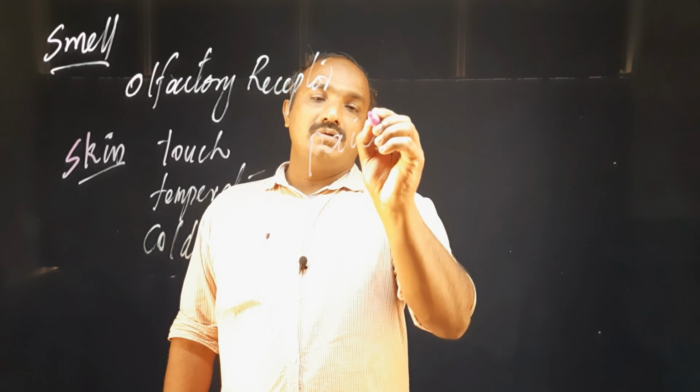Very easy, no? So if there is a situation of pain, pain receptors are stimulated. Then when receptors are stimulated, impulses are generated. That impulse is carried to the brain by nerve. Then the brain gives a sense of pain.